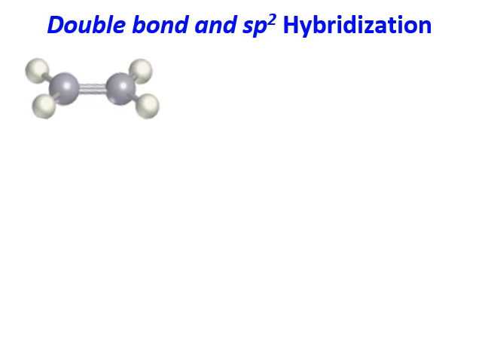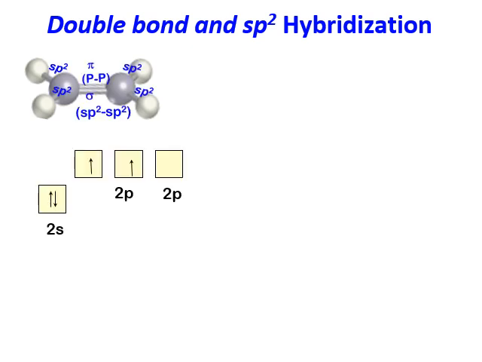In organic chemistry, you learned that carbons in a double bond are sp2 hybridized. A carbon atom contains a 2s orbital and three 2p orbitals, and these are 2px, 2py, and 2pz.